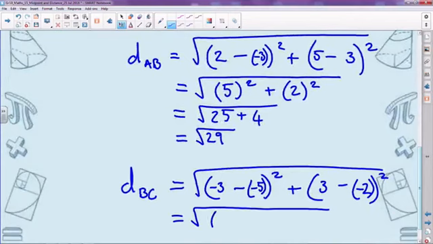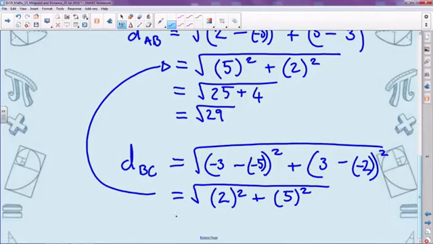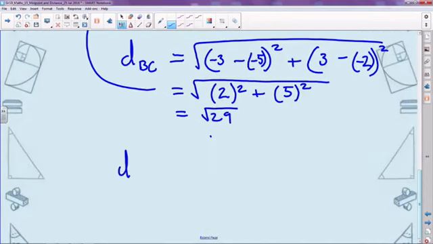It's fine to do that. This, however, is still easier for me to do this way. I'm seeing something exciting happen here. Look at that. That's exciting. Which means we're going to get an answer of square root 29. So now we know that the distance of AB is equal to the distance of BC. So we're on track for a kite.